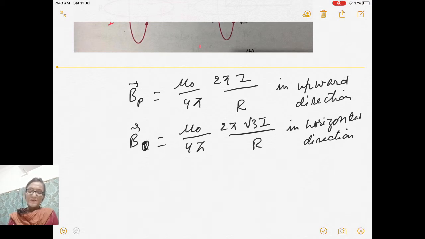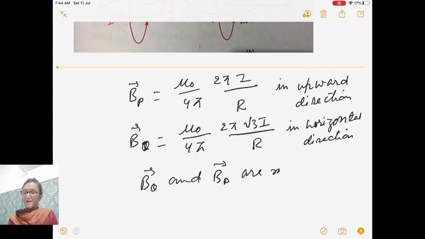Therefore, the two fields, BQ and BP, are making 90 degree angle between them.